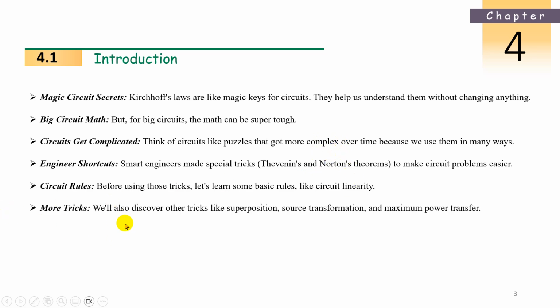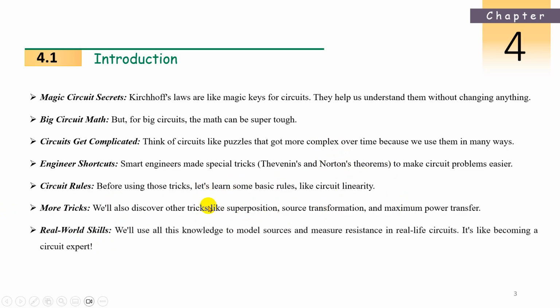We will also discover other tricks like superposition, source transformation, and maximum power transfer to simplify the circuit. In real world skills we will use all this knowledge to model, source, and measure resistance in real life circuits. It's like becoming a circuit expert. We'll see how we can go the simple way for complex circuits.